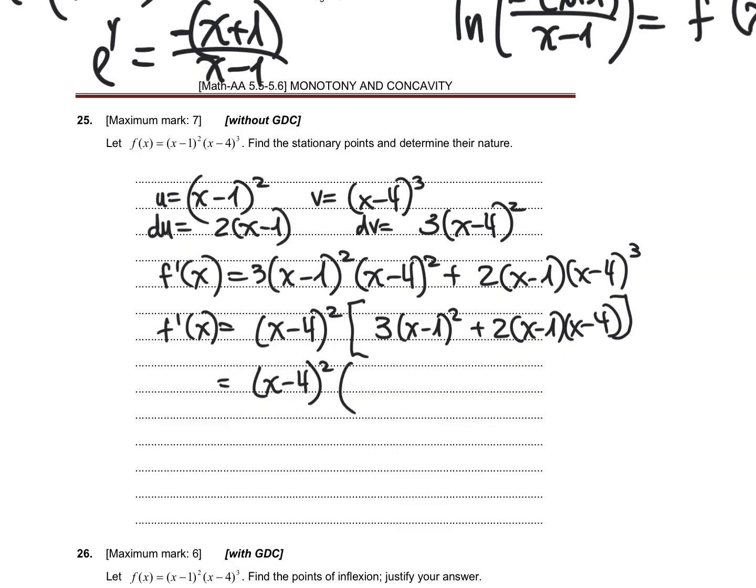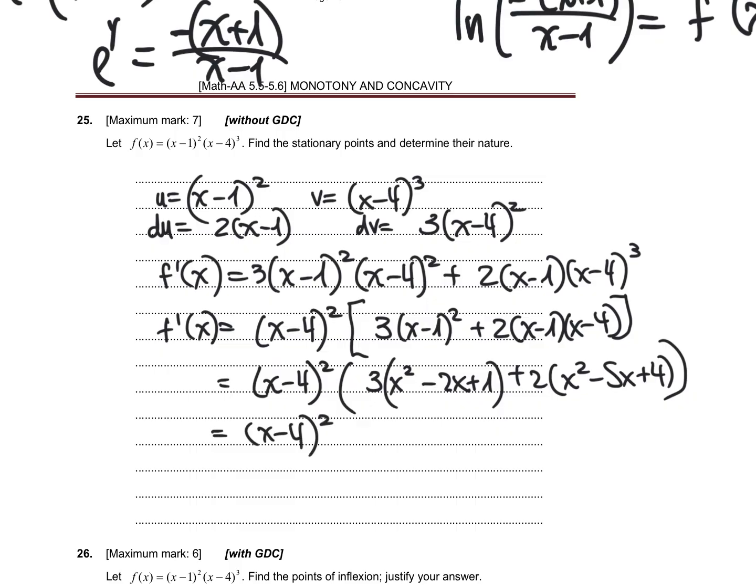So then we're going to have 3x squared minus 2x plus 1, and that's x squared minus 5x plus 4. And then I'll just do it all at once. 3x squared plus 2x squared is 5x squared. Then we're going to have negative 6x minus 10x. And we're going to have 3 plus 8, which is 11.